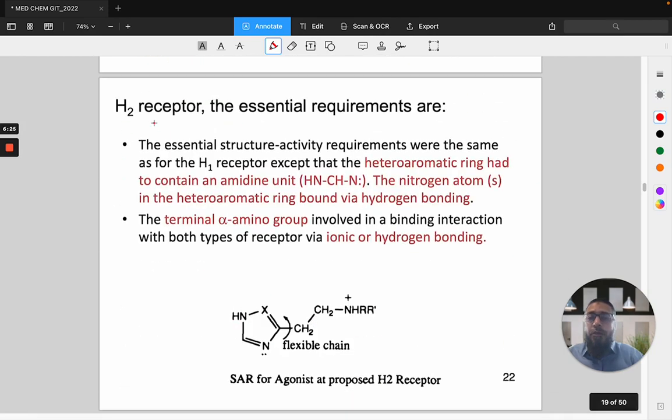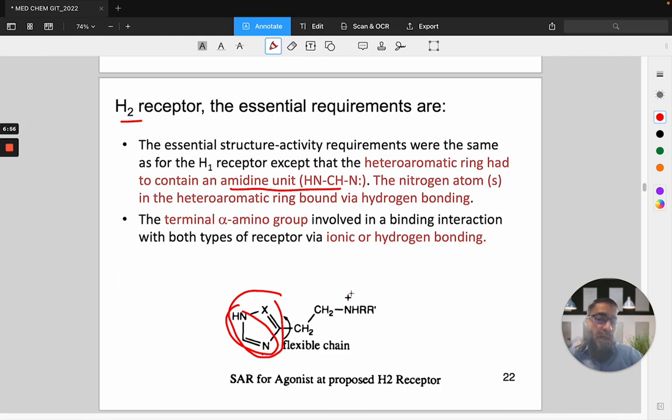The structural requirements for H2 receptors are: generally it contains a heteroaromatic ring which contains an amidine unit, which is this lone pair of electrons, CH and then NH. This is the amidine unit, right? And the nitrogen atom of the aromatic ring binds through hydrogen bonding.